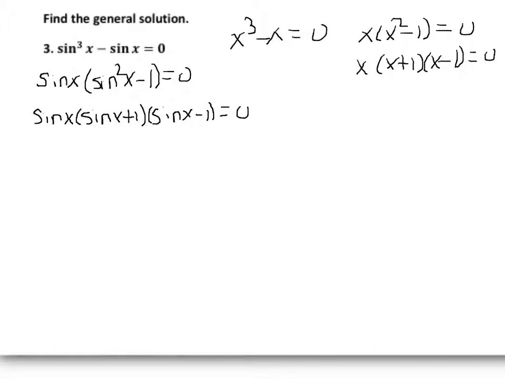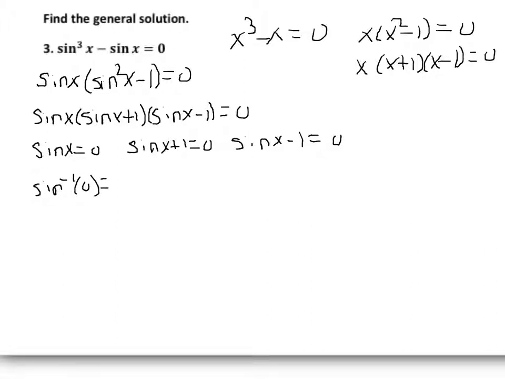Set each of those factors equal to 0. Sine x equals 0. Sine x plus 1 equals 0. Sine x minus 1 equals 0. So you get the inverse sine of 0, the inverse sine of negative 1, and then the inverse sine of positive 1.